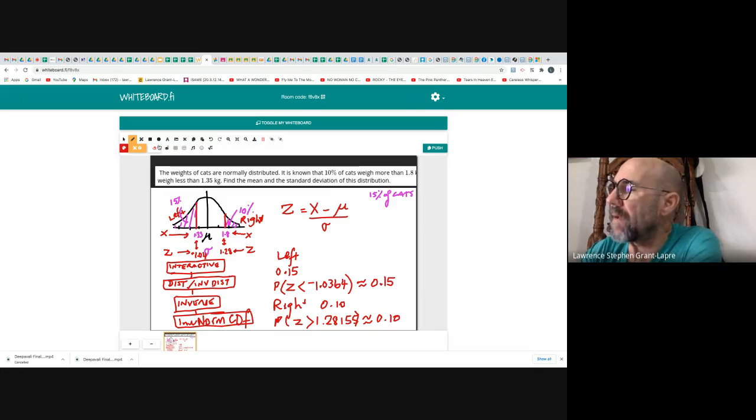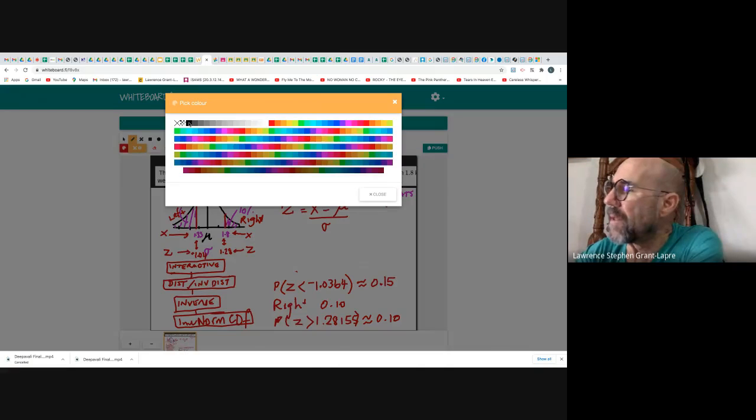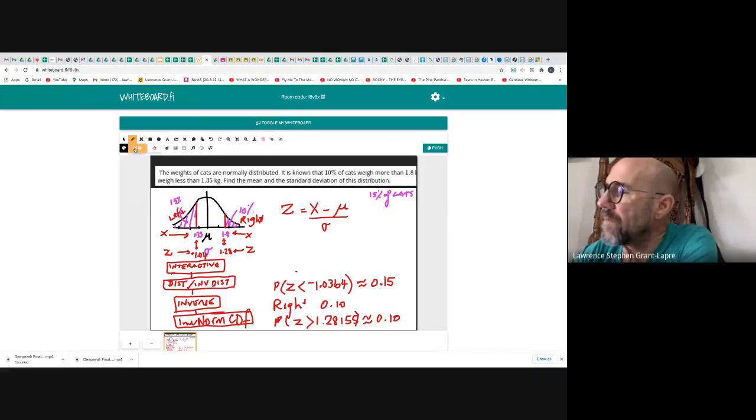Okay, now that we found that out, I'm going to delete this information. We need this value here. We found the two Z values, so let's substitute them in.